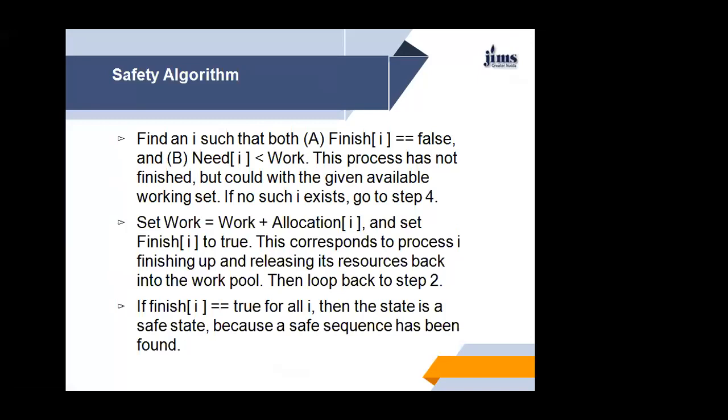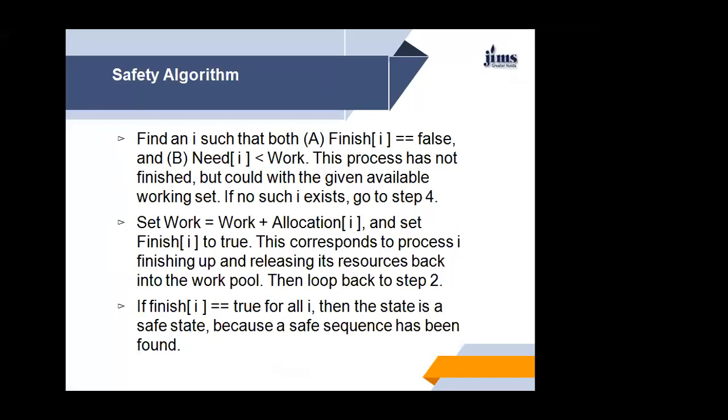Find an i such that both a, Finish[i] equals false, and b, Need[i] is less than or equal to Work. This process has not finished, but could with the given available working set. If no such i exists, go to step 4.